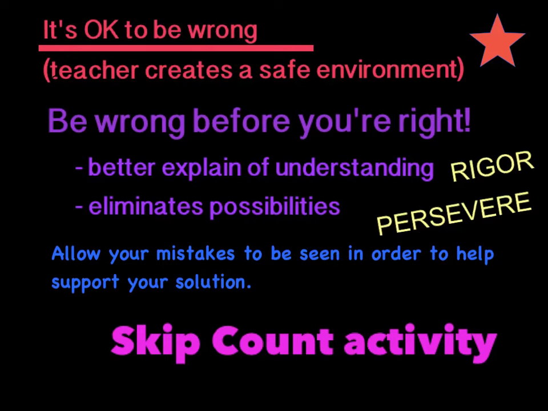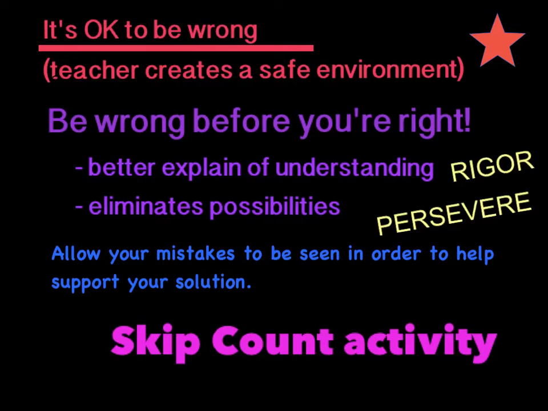Ban Har repeatedly encourages educators to establish the fact that it's okay to be wrong. In order for students to genuinely feel that way, we as educators need to create a safe environment. In fact, it's better for the students to be wrong before they're right. The purpose of those anchored tasks is to create that opportunity for students to be wrong before they're right.